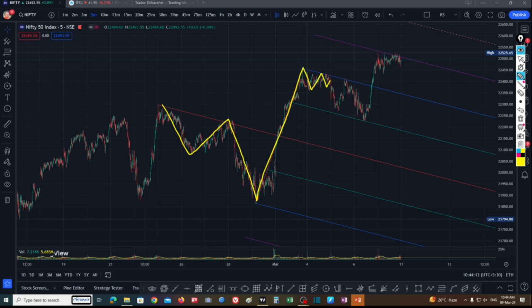Then some choppy area, it comes and takes support over here, and when it breaks, it goes, and within this level it works as a resistance, and this works as a support.